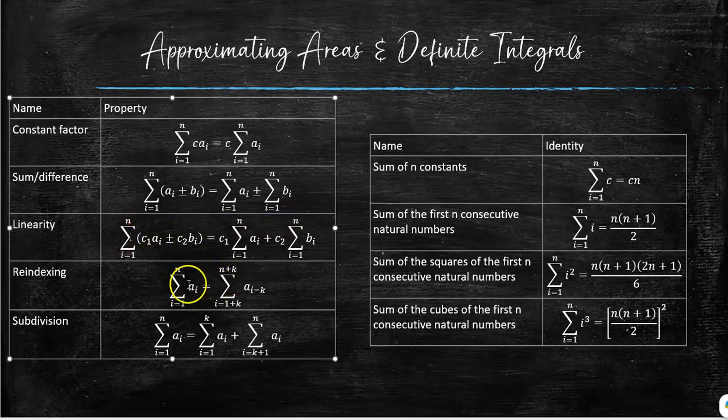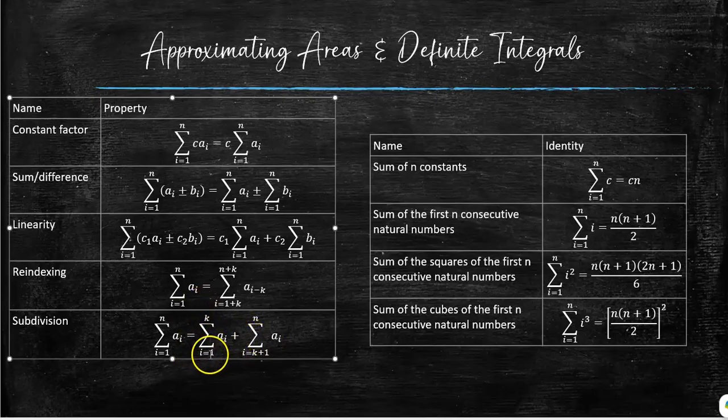Another interesting property here is the reindexing property. You're going to need this when you study power series, or series in general, in Calculus 2, so you'll come back to this eventually. Reindexing is a nice property that is worth knowing. If you're trying to reindex your sequence or series for whatever reason, this is how you do it. And this is also an important one: you can split your sigma into two sigmas by dividing it somewhere in the middle.